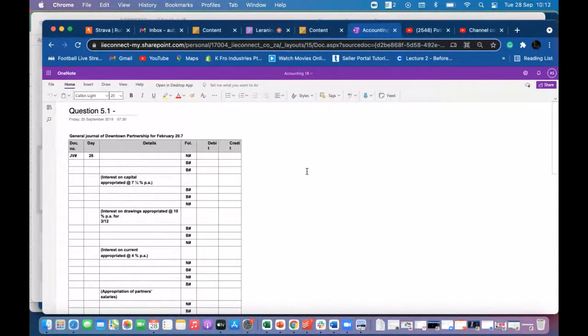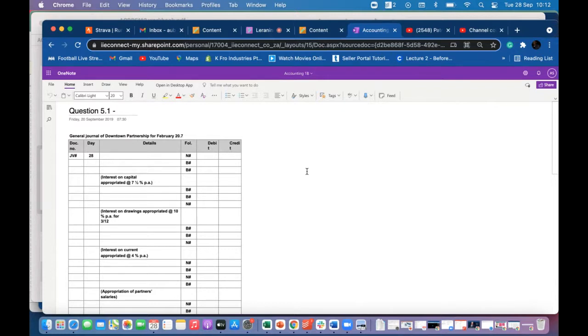If you look at the capital account, remember it said interest on capital accounts. So the account that's going to be affected is interest on capital. Now we look at the capital balances for our respective partners: Mrs. Down, 212,000, and Mr. Town, 176,000, both of which are credit balances.